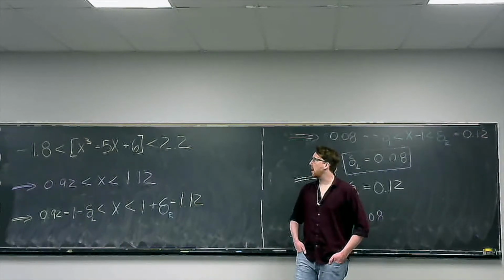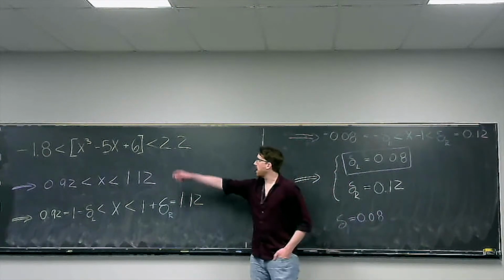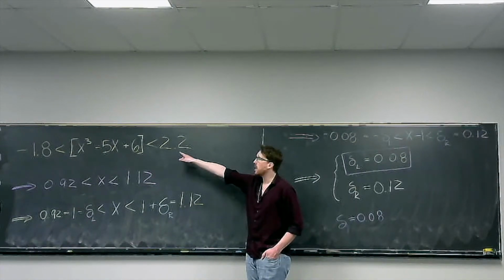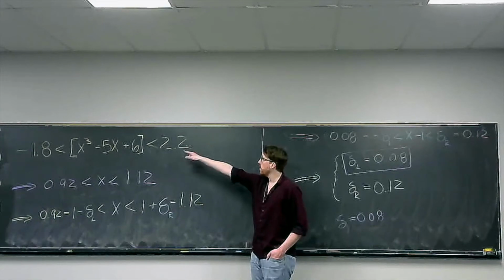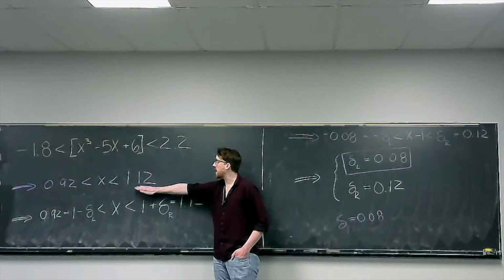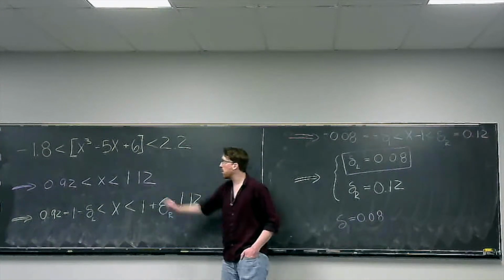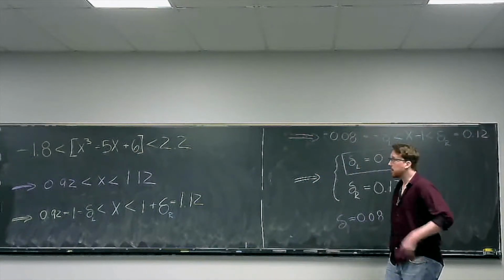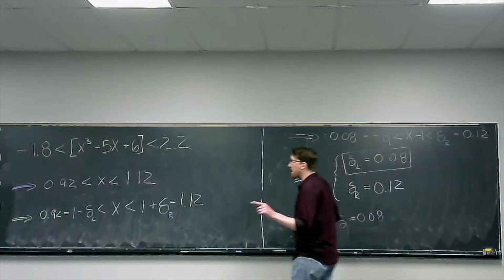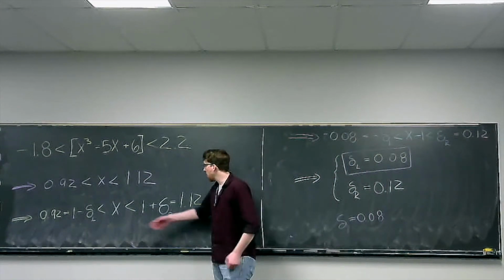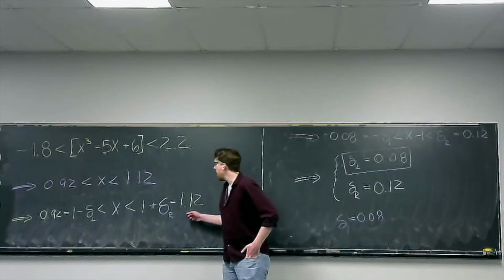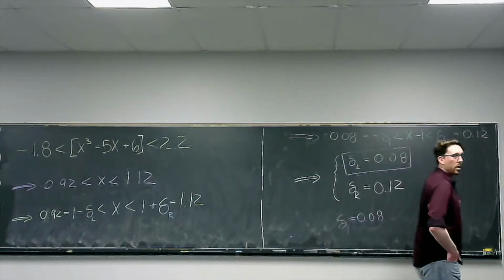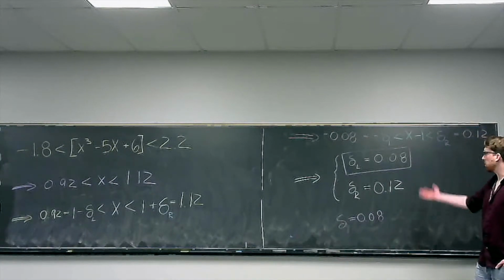So starting from y, we were able to get that our function has to be bounded between negative 1.8 and 2.2. That tells us that our x value has to be bounded between 0.92 and 1.12. But that tells us that 1 minus delta L and 1 plus delta L has to be equal to those values accordingly. And then from there, we do the rest of the work.